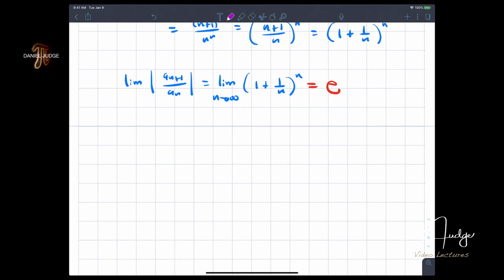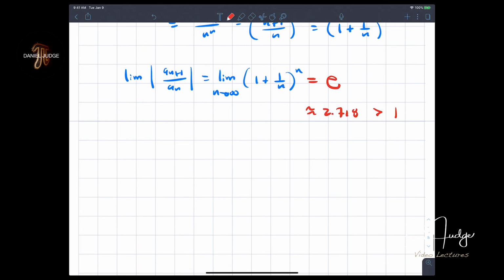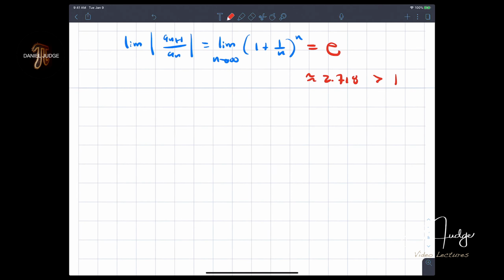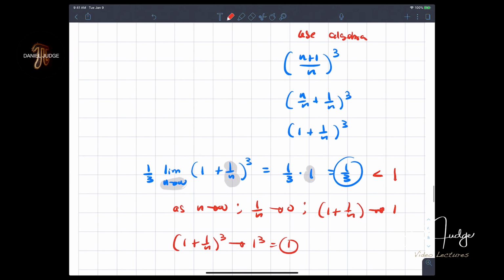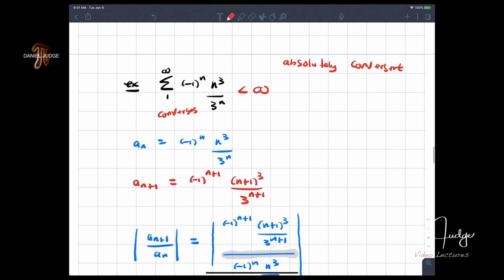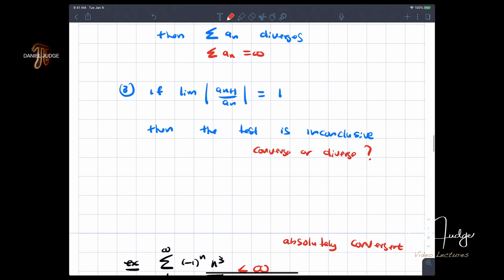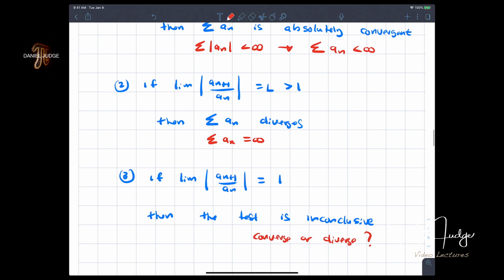You have to know the value of e because, remember, e is approximately 2.718, and that's bigger than 1. So this value is larger than 1, and because it's larger than 1, that has great meaning for us. Let's go back to the ratio test. If it's bigger than 1, this is situation number 2: the series diverges.